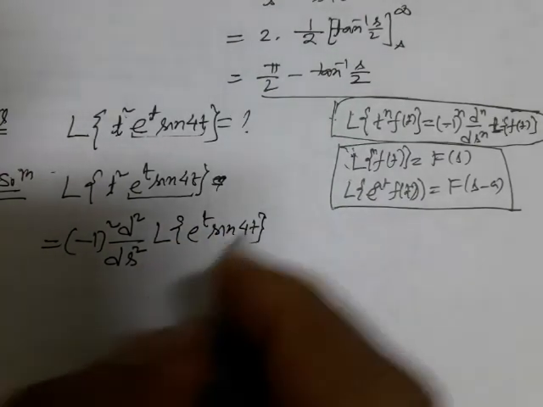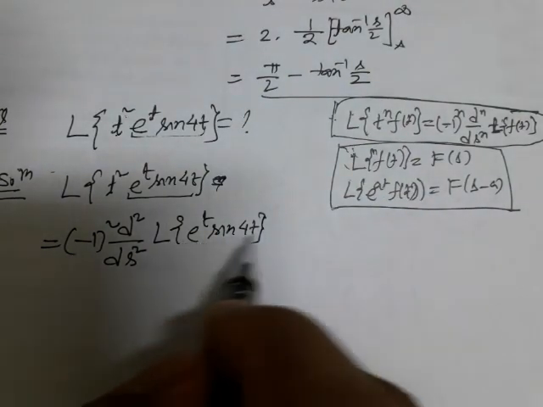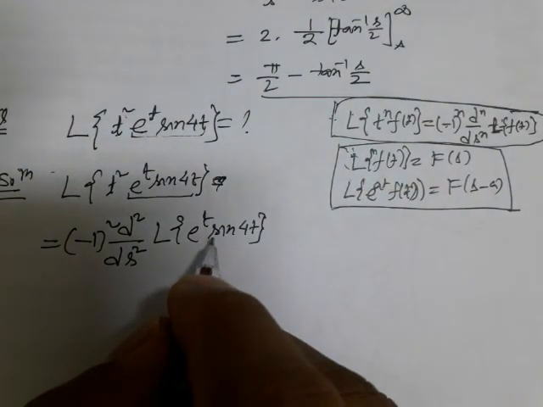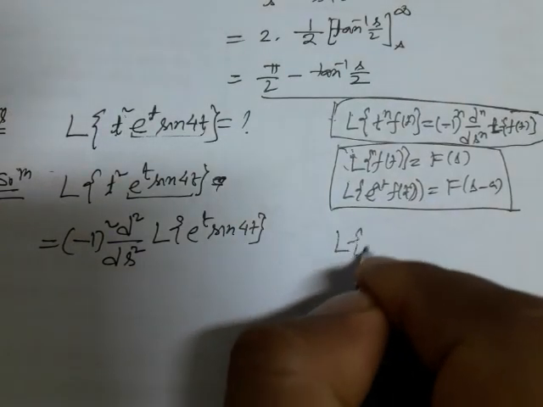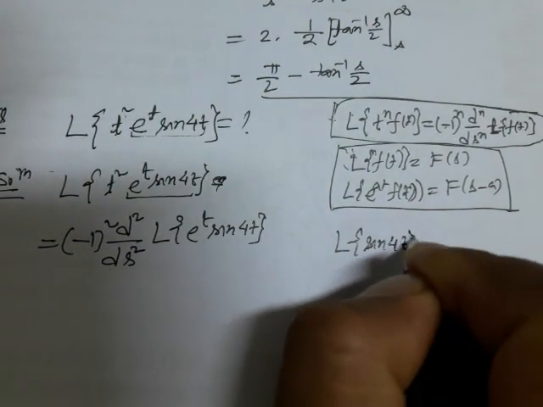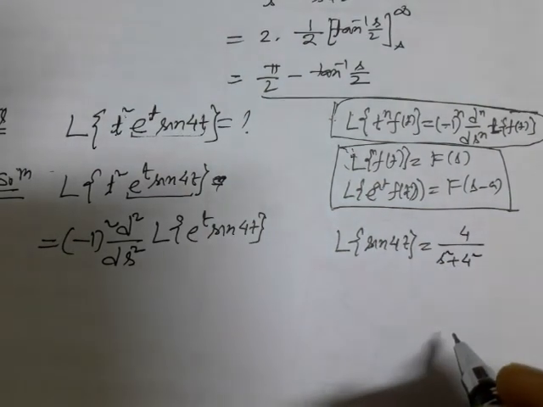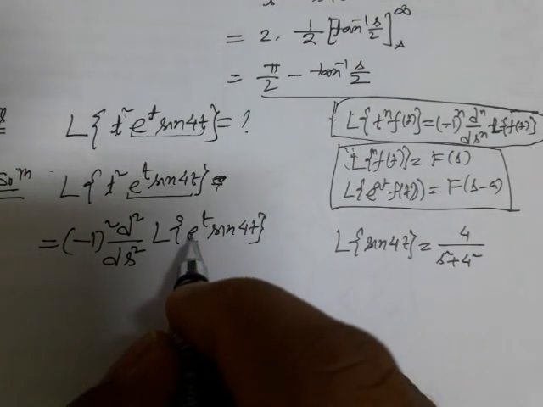Okay, so now we are going to apply this formula in this part. Okay, so to apply this shifting theorem, we have to know what L of sine 4t is. So what is L of sine 4t? Sine 4t is 4 by s square plus 4 square. So this is f of s. Okay, f of s. So now it is multiplied by e to the power t.